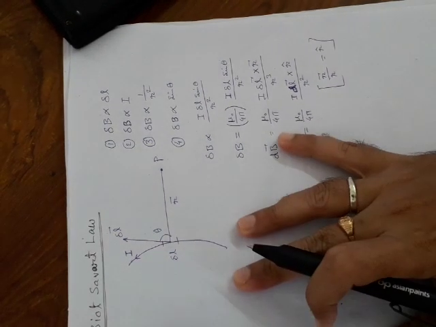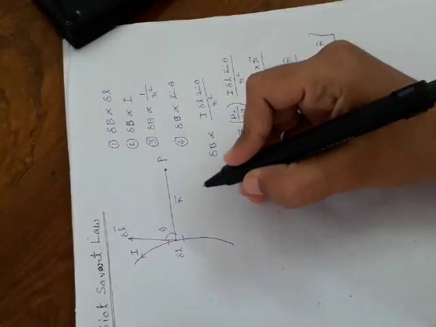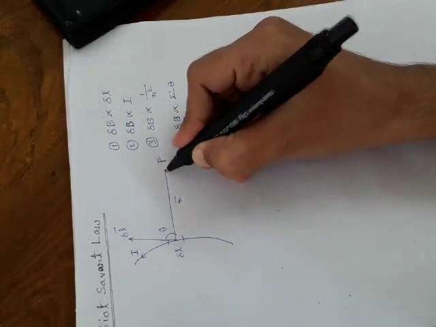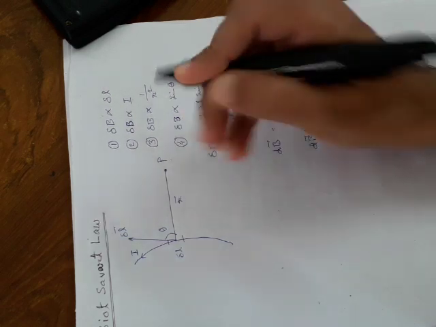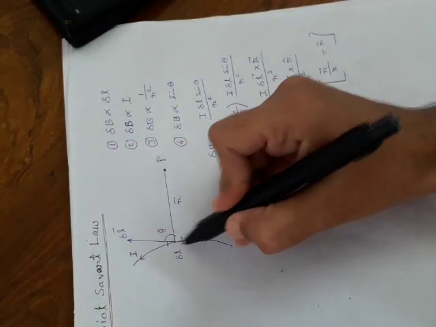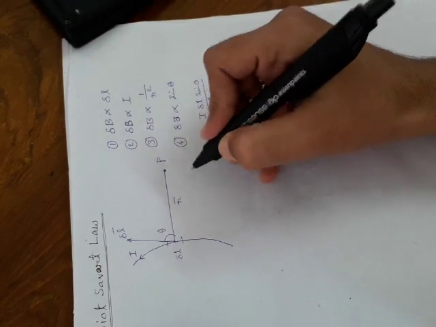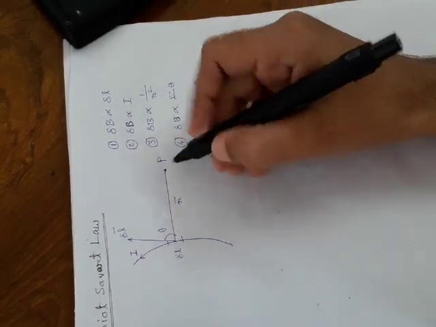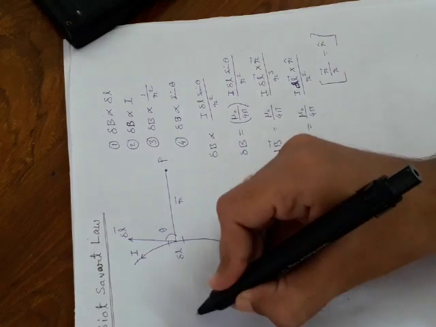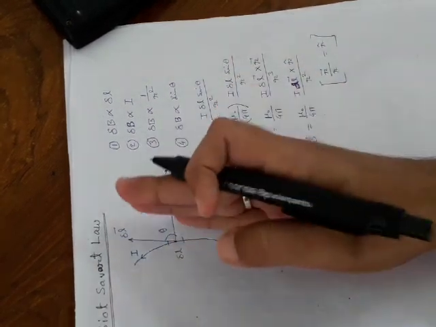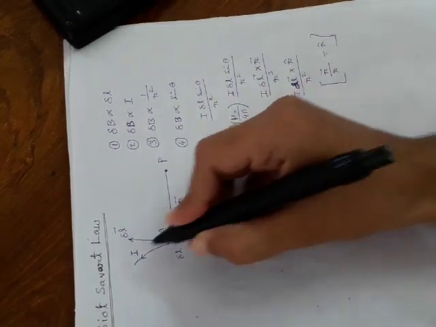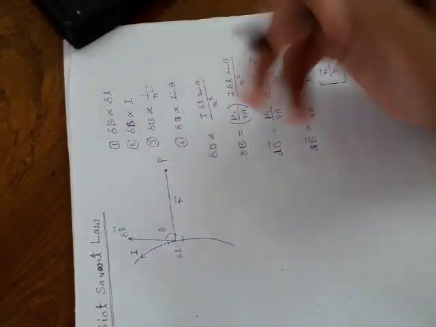Now we have to understand two cases. If we calculate the magnetic field at this point P, the right hand side of this element, then what will be the direction of the magnetic field? And if we consider the point on the left hand side of this element, then what will be the direction?